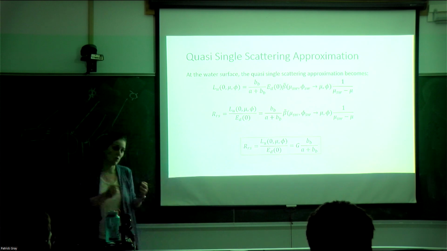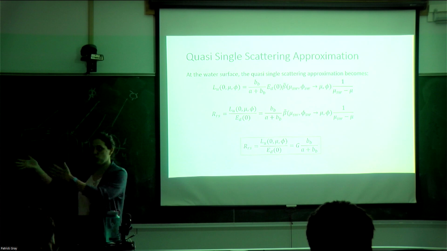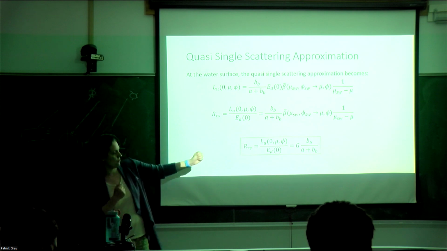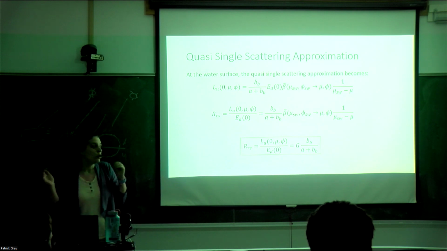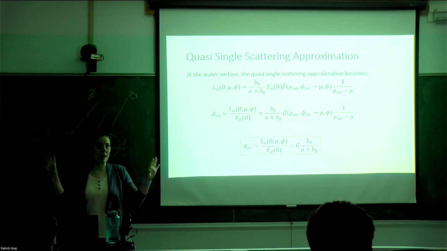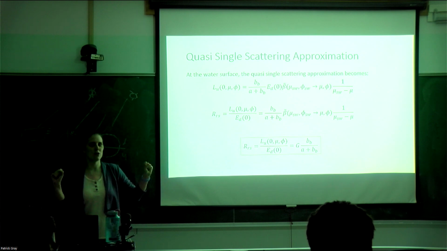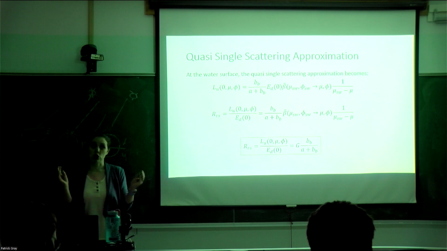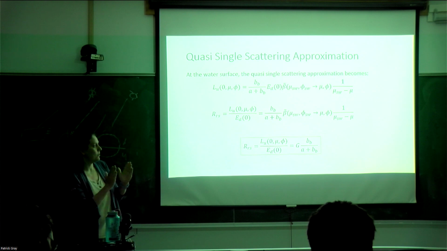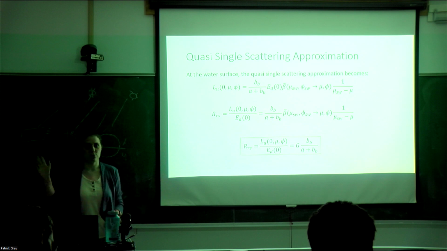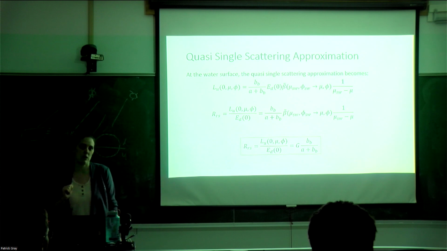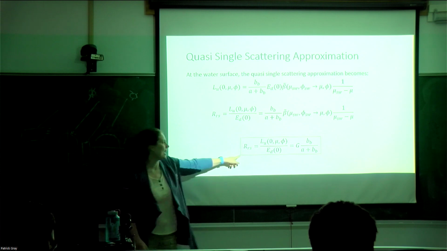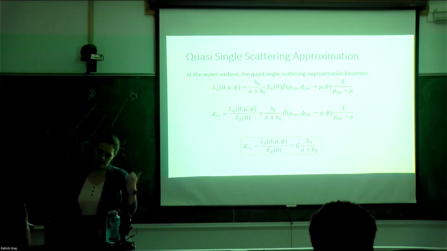Or vice versa, if you've measured Lu and Ed in situ and you've measured your backscattering and your absorption, you can try and match these to each other to get a sense of whether all your measurements are good quality, because they should behave really nicely if you plotted your Rrs versus your bb over a plus bb. And I'll actually show you an example of that slightly in the lab later.